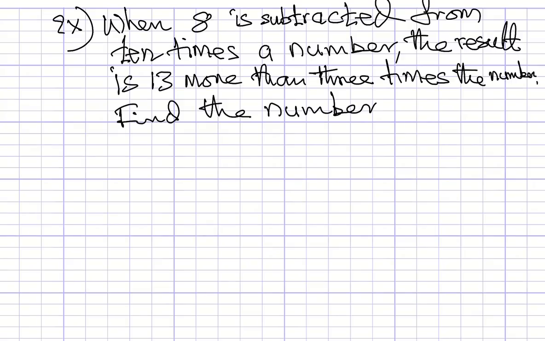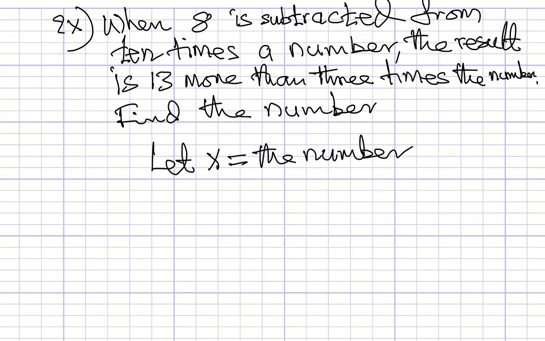The second step is to assign a variable to the unknown. So we'll say let x be equal to the number, which is the unknown.